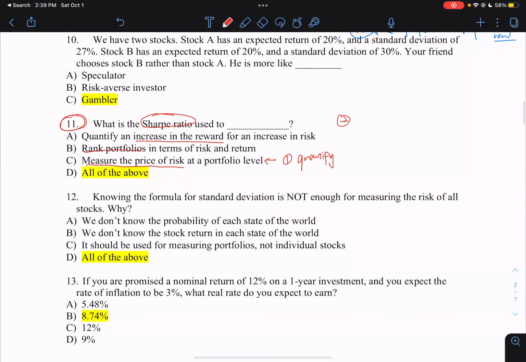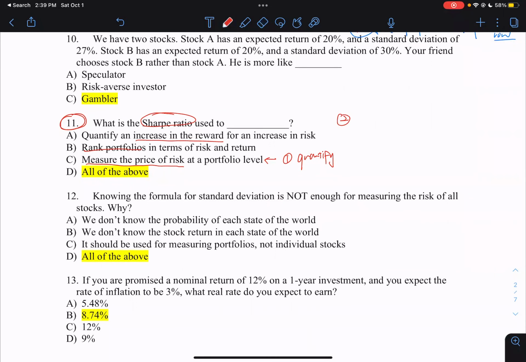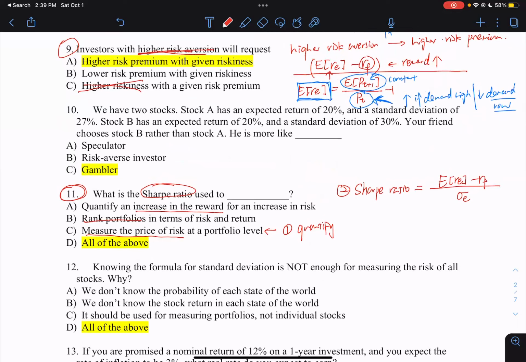The second thing is I want to elaborate more on what the Sharpe ratio is. It equals the expected return minus the risk-free rate, divided by the standard deviation. As I said in the previous question, question 9, the numerator you can think of as a reward.